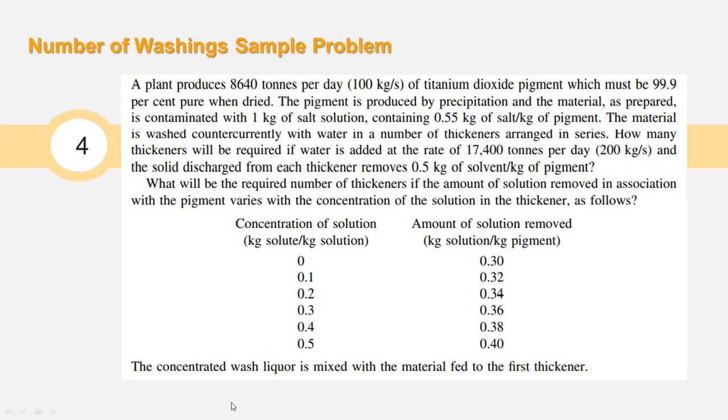Now, it is to be assumed that the concentrated wash liquor is mixed with the material fed to the first thickener. Meaning the overflow of the first thickener, the concentrated wash liquor, is mixed in the agitator together with the solid to be processed before it's fed to the first thickener.